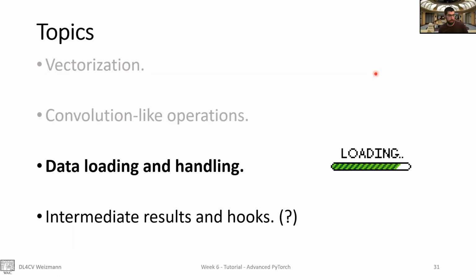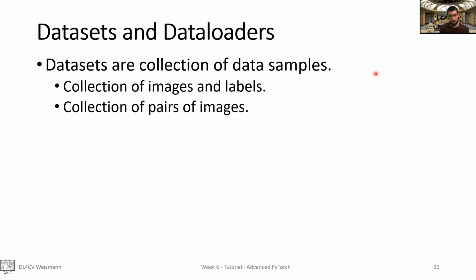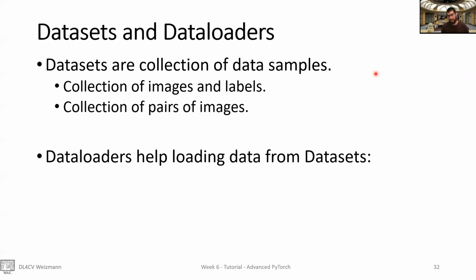So the third topic is data loading and handling. A bit of terminology again. Dataset in PyTorch is a collection of data samples. It can be a collection of images and labels for classification, or a collection of pairs of images in other tasks like super resolution. And data loaders are a utility helping to load examples from datasets.